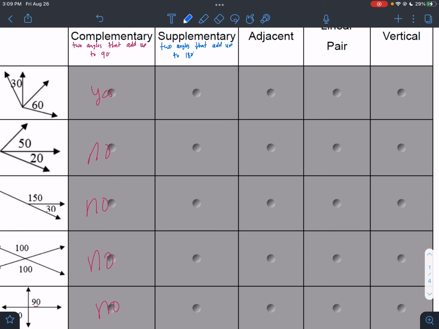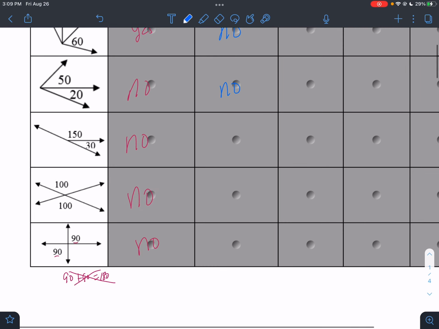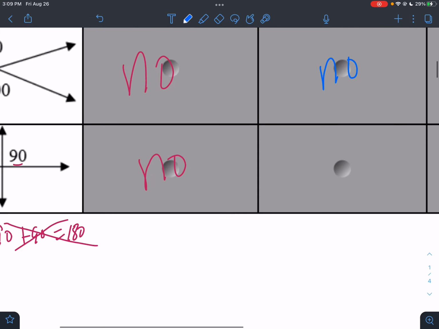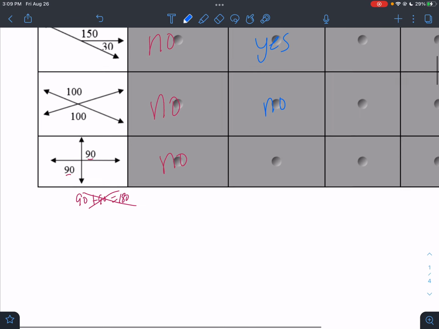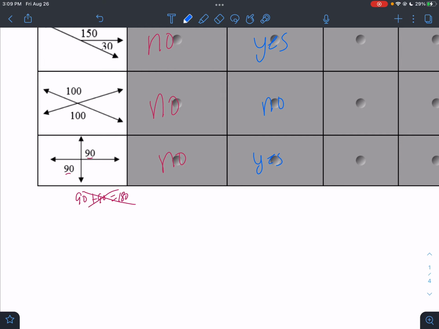Well, if these are complementary, they can't be supplementary. 50 plus 20, nope. 150 plus 30, yep. Those are two angles that add up to 180. 100 plus 100, nope, that's 200. What about 90 plus 90? What did we say a second ago? Yes, those do add up to 180 degrees.